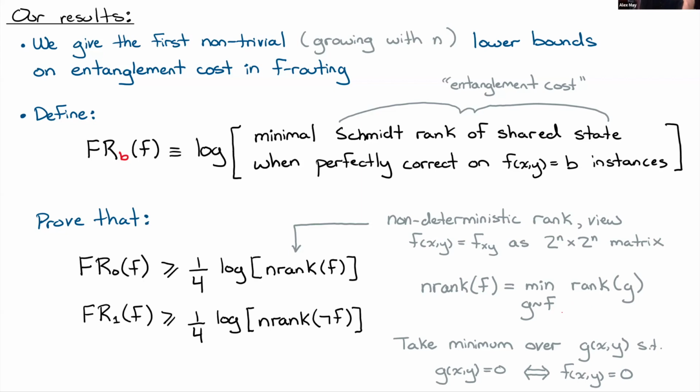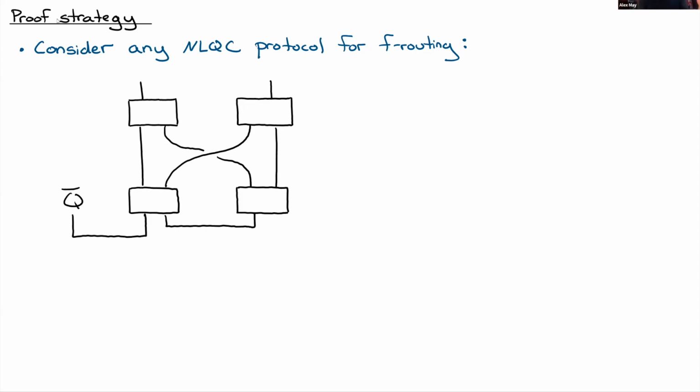We minimize over all such functions, and we take the value of that minimum, and that's the value of the non-deterministic rank. I should also say that for certain simple, natural functions like, say, equality, it's easy to give a bound or to fully compute the non-deterministic rank of the function. So it might feel like an unwieldy object, but often you can just write it down explicitly in terms of n. Okay, so that's our basic result.